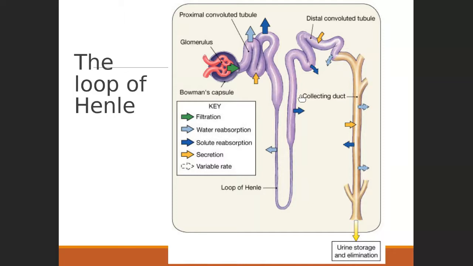Now, I said earlier that the structure of this was critical. We need to have the ascending limb and the descending limb in close approximation to each other.